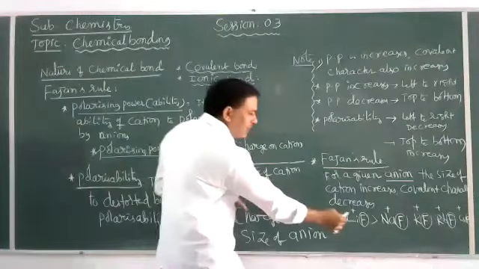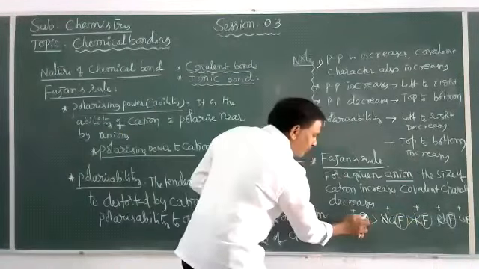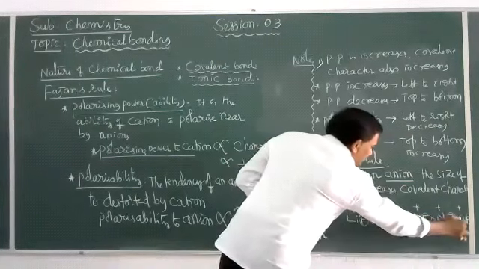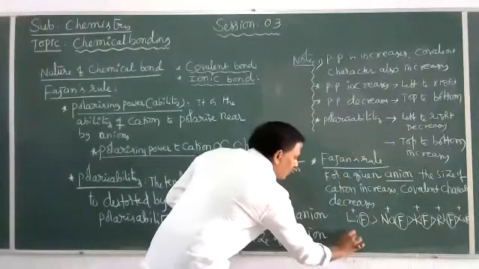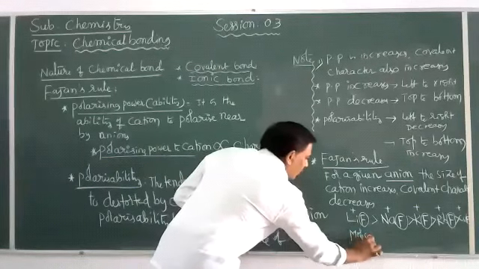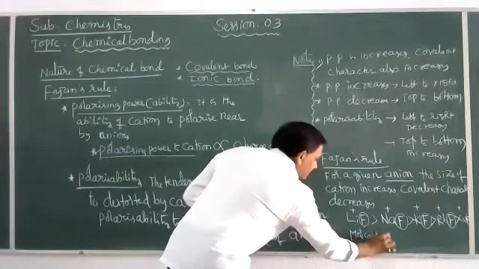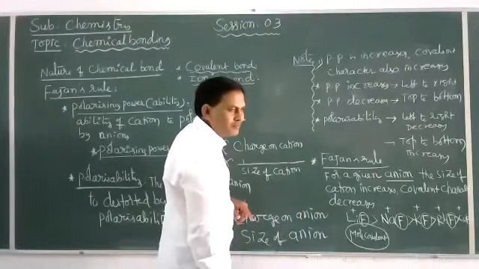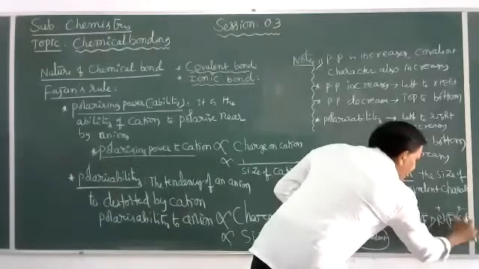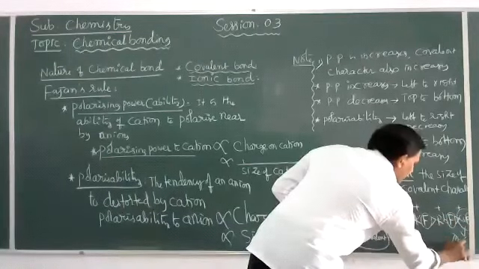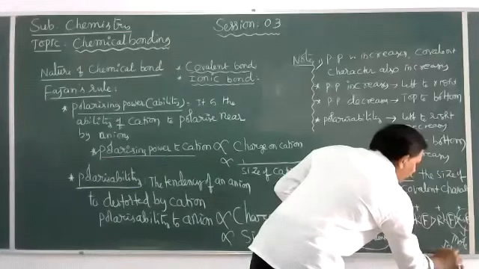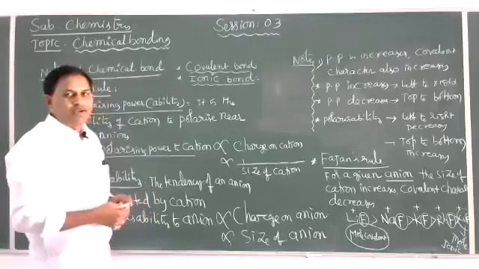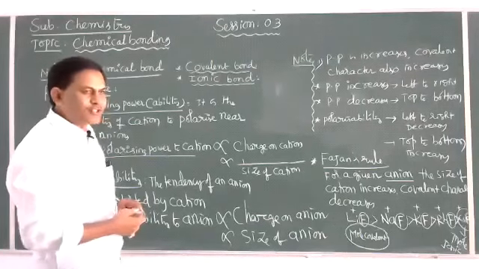That's why among lithium fluoride, sodium fluoride, potassium fluoride, rubidium fluoride and cesium fluoride, LiF is the most covalent, meaning least ionic in nature. But CsF is more ionic in nature. That is one of the most important points of Fajans rule.